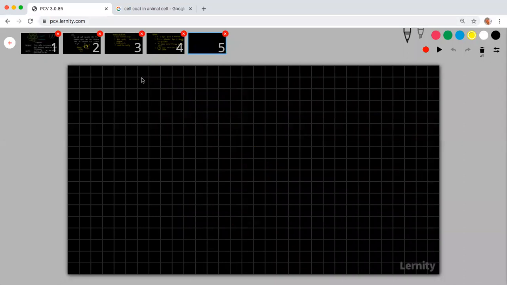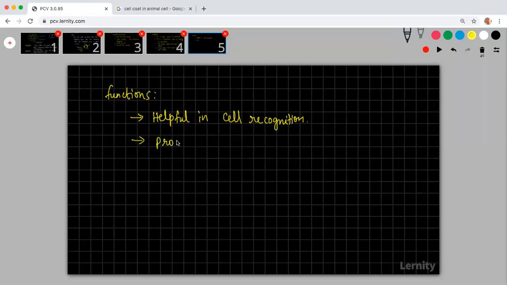So what are the functions of it? If you're talking about the functions, it will be helpful in cell recognition. It protects the plasma membrane.